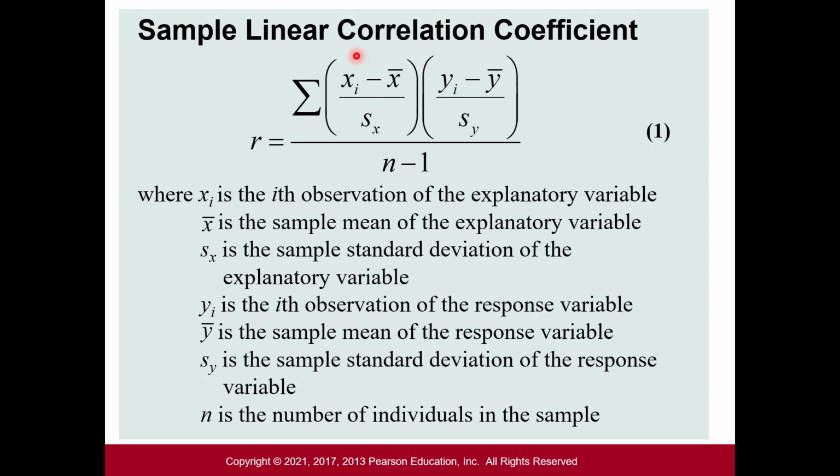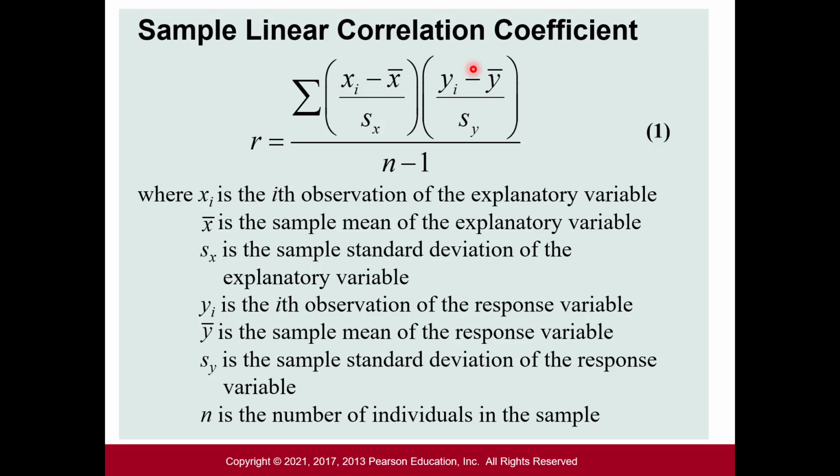So here's our sample linear correlation coefficient formula. It kind of looks like a lot, but let's talk about what's in it. r was reserved for the sample, and capital sigma just means you're adding, summation. In the parentheses we have x sub i minus x bar, where x bar is just your mean, over s sub x, where s is our variable for standard deviation.